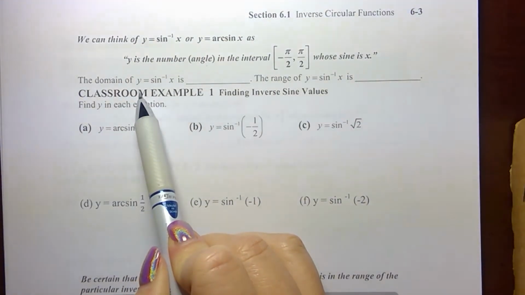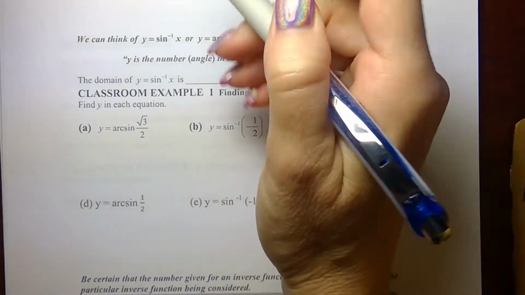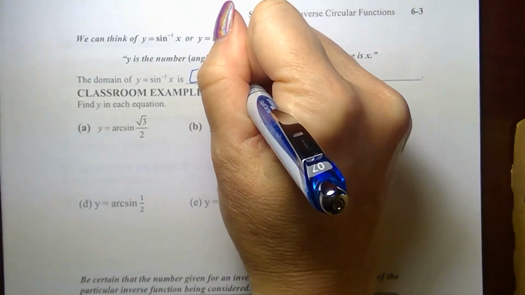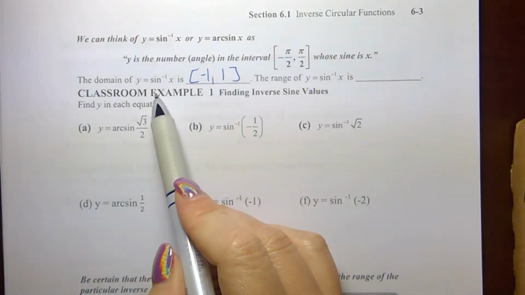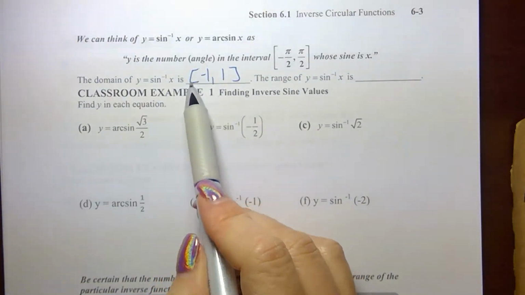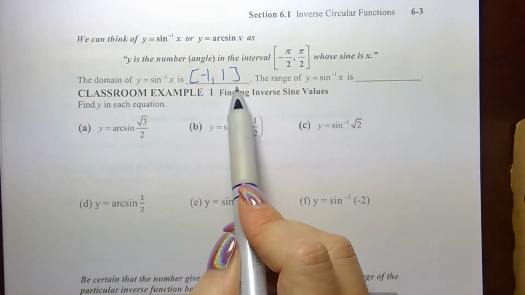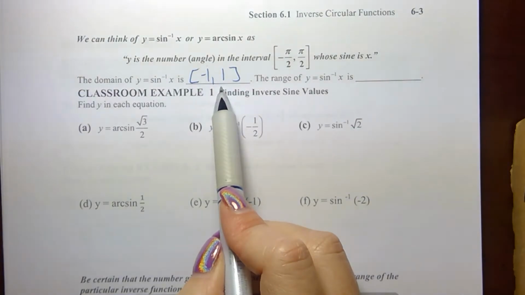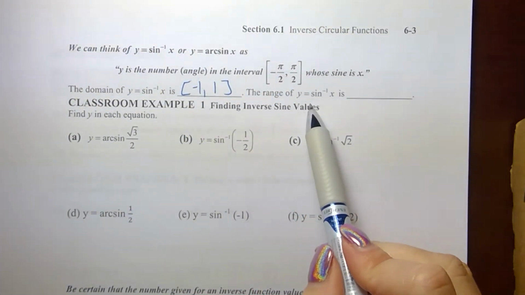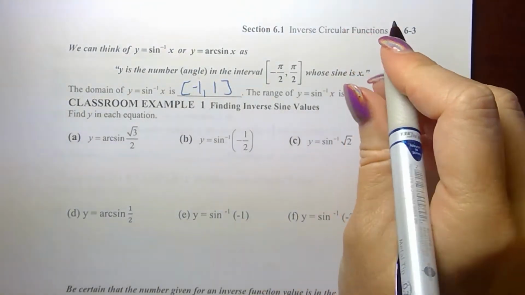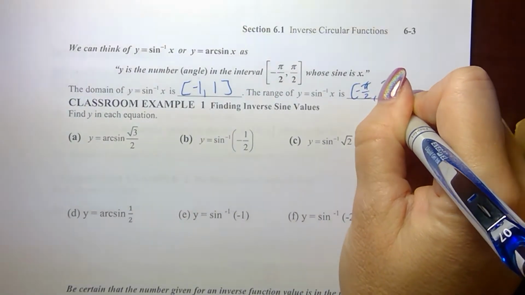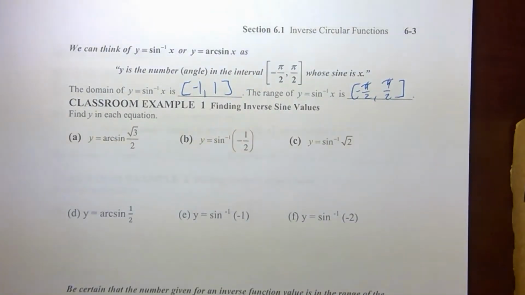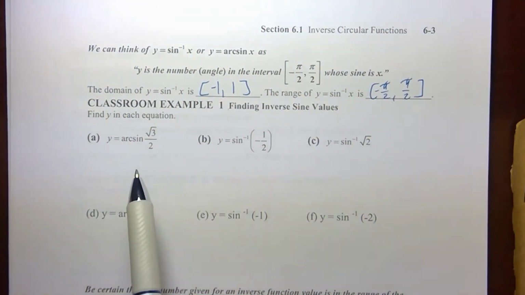So the domain of y equals sine inverse x is -1 to +1. That's the range of the original sine function. It's the domain of the inverse. I'm plugging in the sine function value. Those are all my possible values. The range of the sine inverse is that restricted domain of the original function from negative pi half to positive pi half, inclusive.